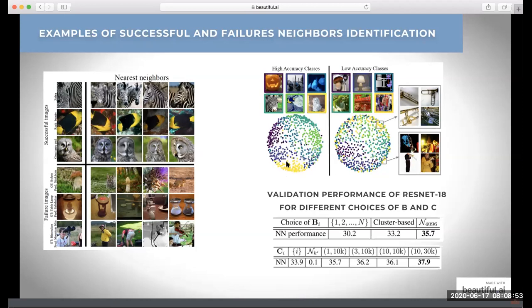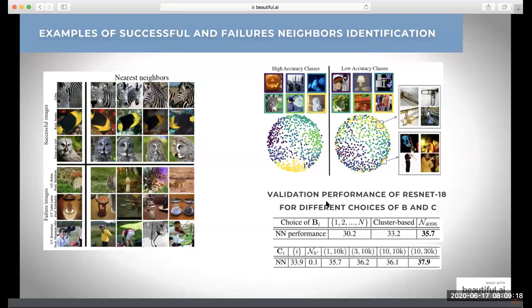For example, the yellow ones, you see that they're all clustered together. But in the low accuracy one, the colors are more distributed. You see the yellows are more distributed all over the embedding space. And for example, this trombone is here and here, even in 2 different contexts, but they're not grouped together.